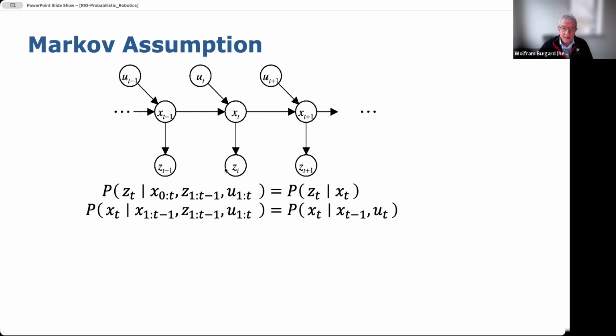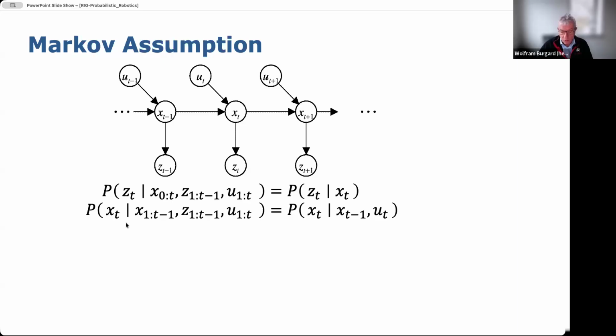This is visualized in these graphs here: if I know in which state I am, xt, and I have my measurement zt, then wherever I go, I need to go through xt, which basically means that zt becomes independent of all other nodes, given I have to travel through xt in order to reach the other nodes. Which basically means that we can rewrite this as p of zt given xt. So this is one of the independence assumptions.